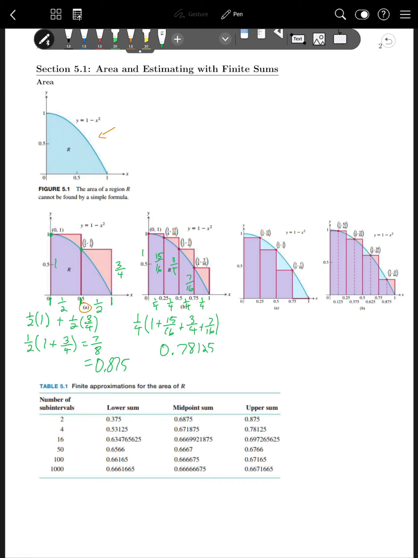Nope, whoops, I put the wrong decimal here. For the first one, I got the correct answer 7/8, but I wrote the wrong decimal. The decimal would be 0.875, and this one is correct.